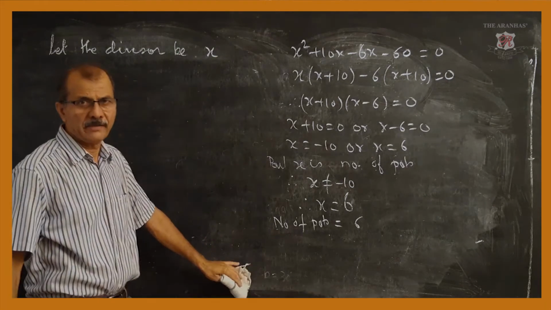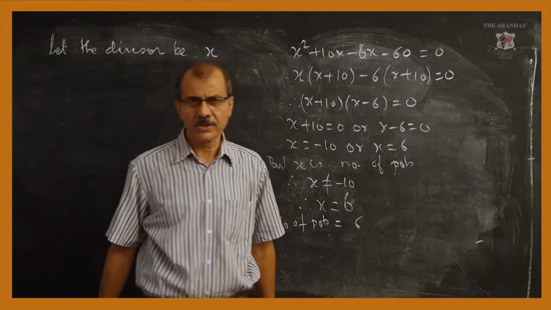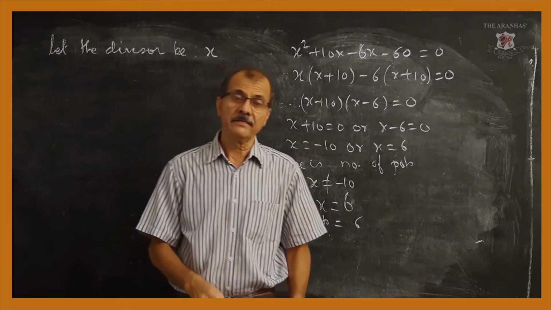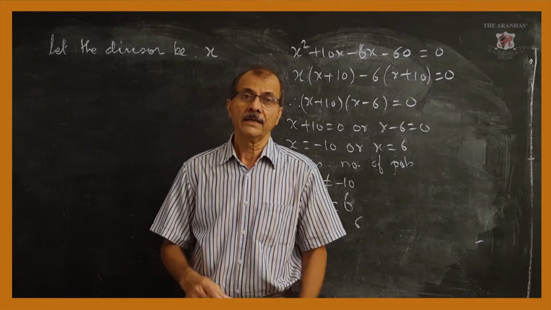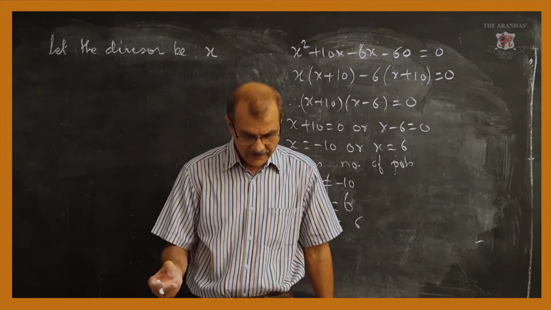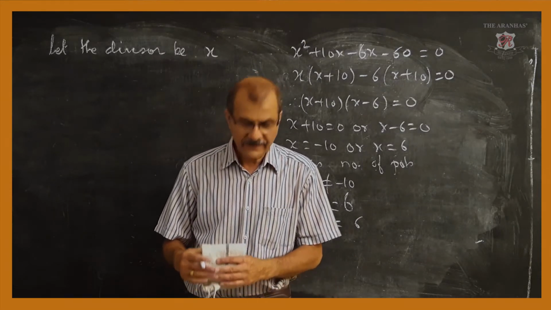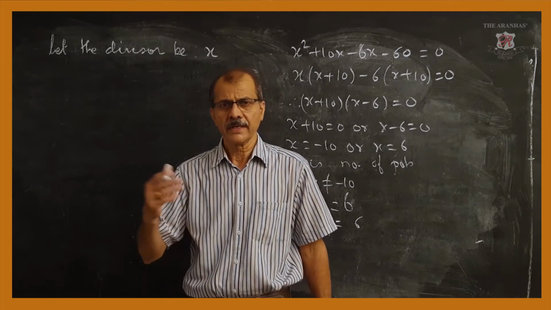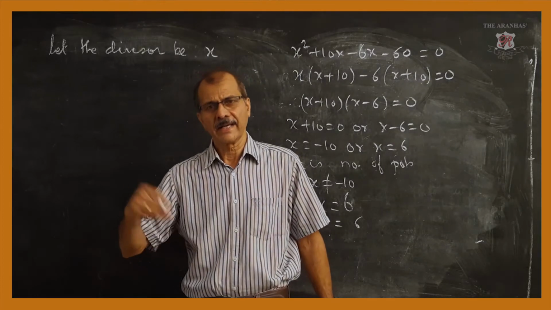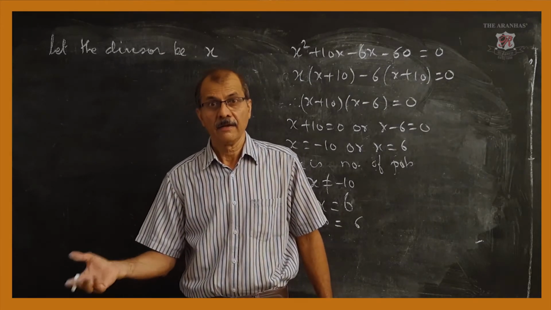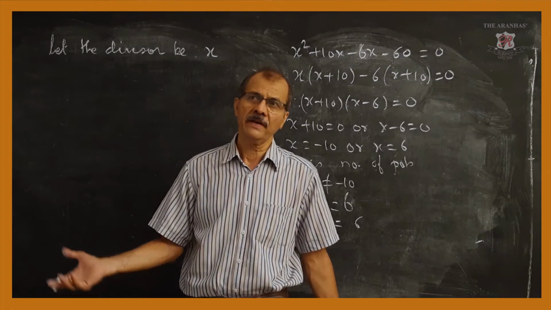Once you assume that the divisor is x, you can find the quotient. The condition is given to you, that the quotient is 6 more than 5 times the divisor. 6 more means 6 plus, and 5 times the divisor means 5x.